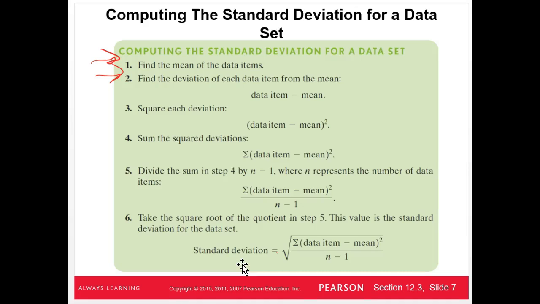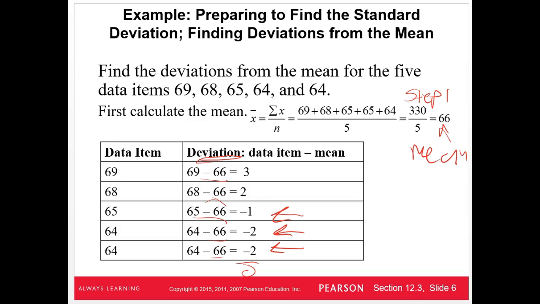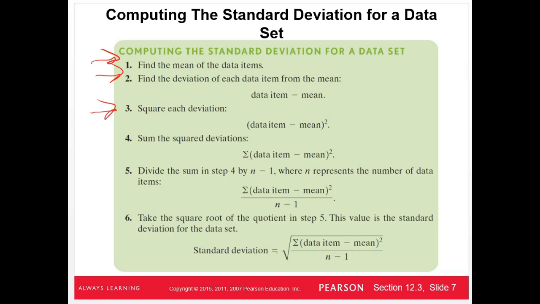What do we do after that? We're going to square each one of these deviations. After we have subtracted the mean from each data item, because they always sum to 0 because of those negatives, to deal with that, we square the data items minus the mean, so we end up with a positive value.